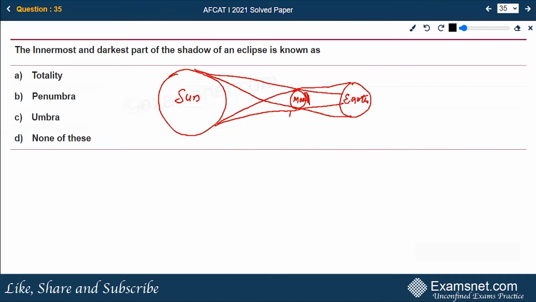So in this region, there is absolutely no light on this region of the earth. On this much region of the earth, absolutely no light falls. This region is known as umbra.